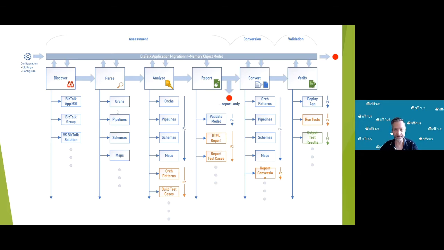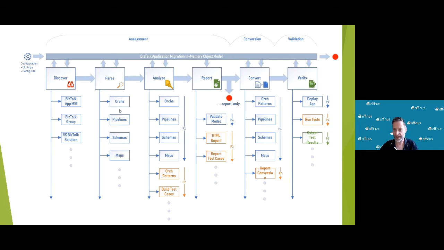So, I mean, you can make a lot of assumptions here from the names of what we can see on the diagram. We're seeing what looks like a discover shape there, then parse, analyze, report, convert, and verify. So this looks like some sort of pipeline that's running here with the arrows running between them. So I'm guessing from here that the tool will run us through all these different phases.